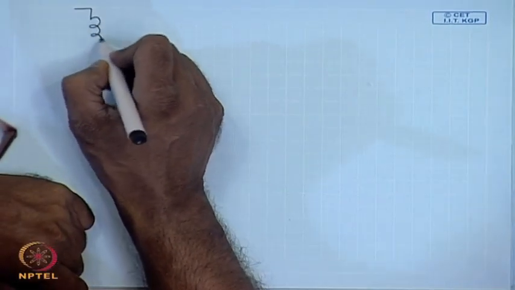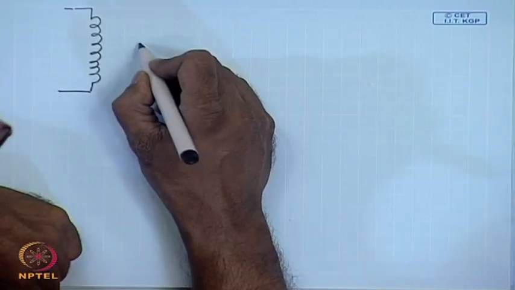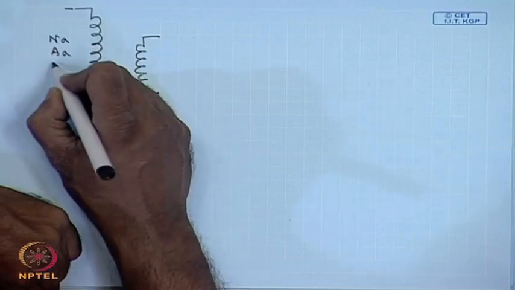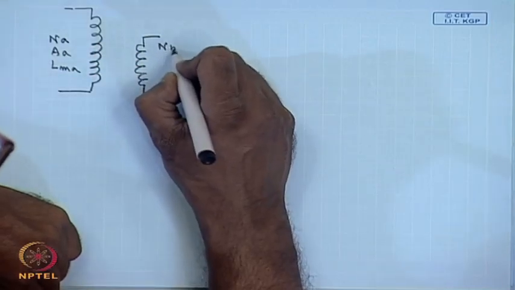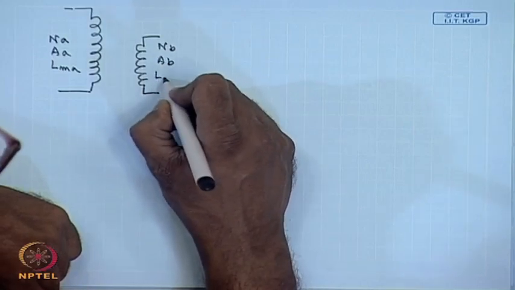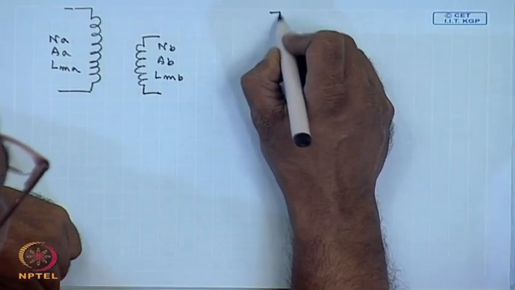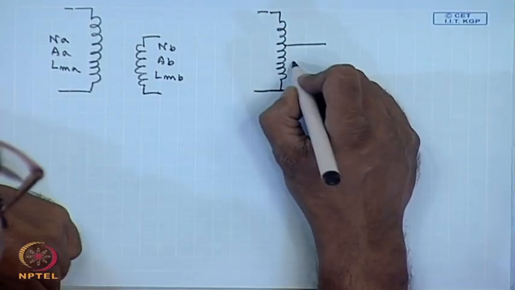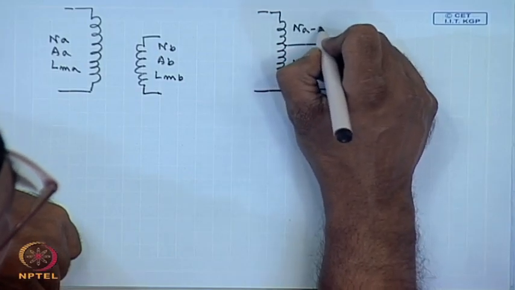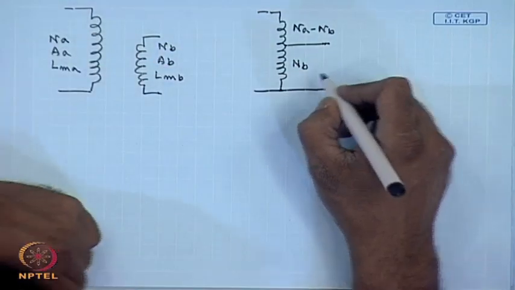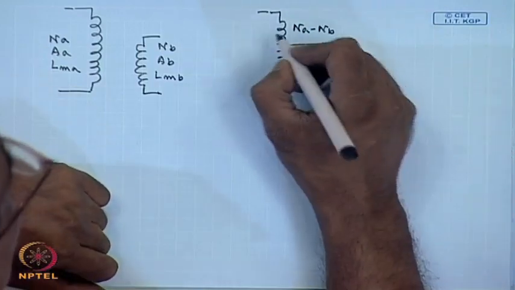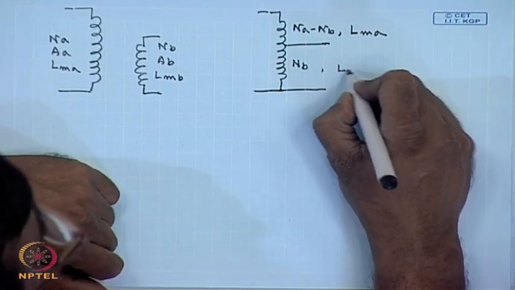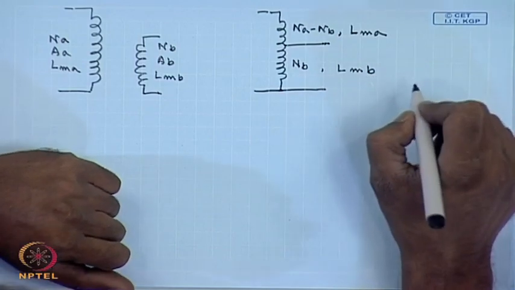For that, this is the two winding transformer: number of turns N A, cross sectional area A A, mean length of turn L M A, number of turns N B, cross sectional area A B, mean length of turn L M B. For the auto transformer having the same kVA rating and the voltage rating, number of turns here is N B, number of turns here is N A minus N B, mean length of turn here let us say still L M A, and here it is L M B.